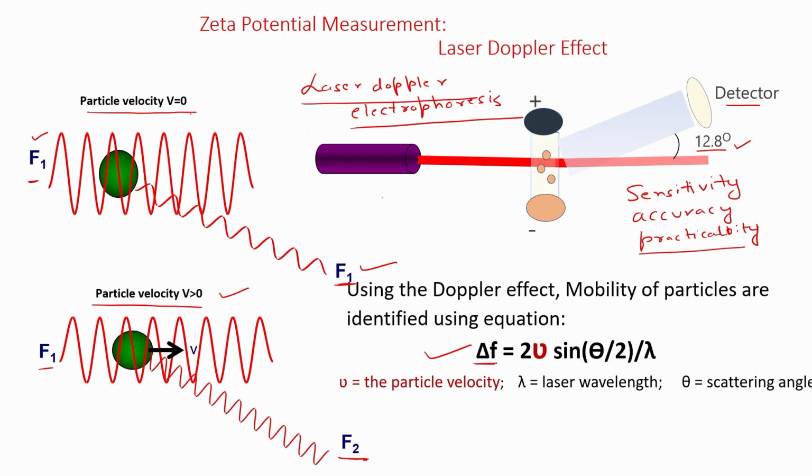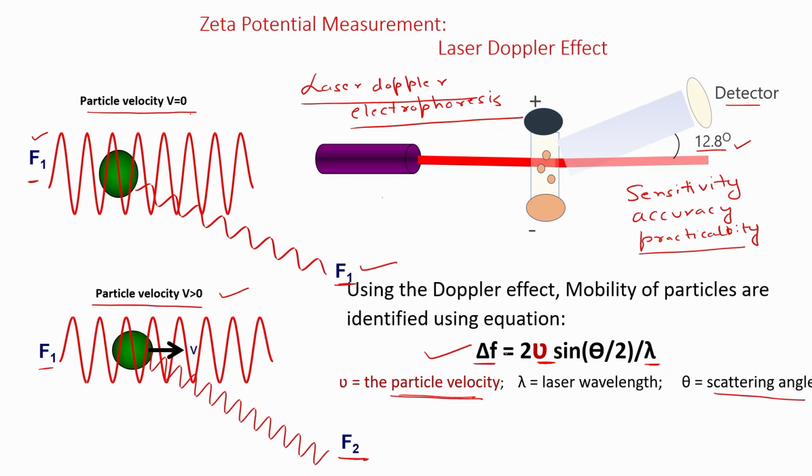The frequency shift will be determined by the instrument, and then the velocity of the moving particle can be calculated from the frequency shift equation as shown on the slide. Lambda is the laser wavelength, theta is the scattering angle, and v, the particle velocity, can be calculated from the change in frequency measured by the detector.